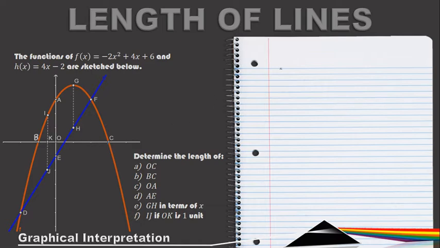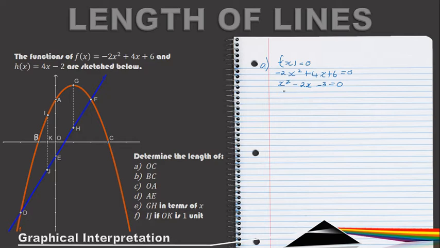To find that, we're going to start off by solving for the x-intercept. So we have f(x) equals negative 2x squared plus 4x plus 6. We say where f(x) is equal to 0, therefore where negative 2x squared plus 4x plus 6 equals 0. To solve for that, I'm going to divide everything by negative 2. So I've got x squared minus 2x minus 3 equals 0.